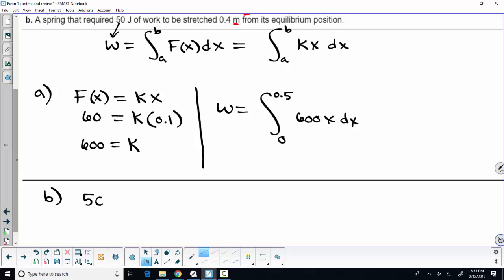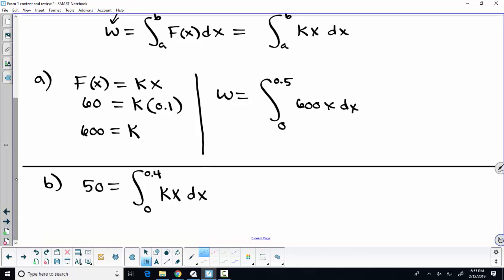We're going to set 50 equal to the integral from 0, and then it's stretched to 0.4. It's a different spring, has a different constant. So that enables us to find the spring constant. We solve this equation for k.